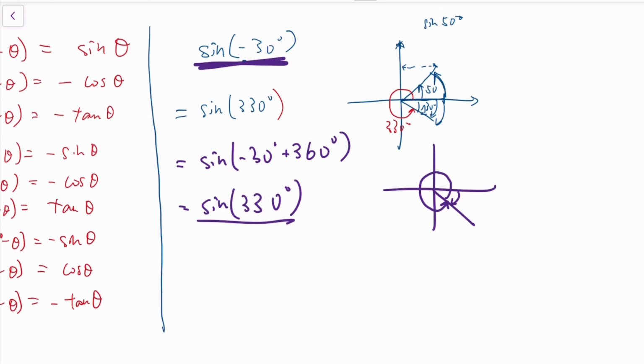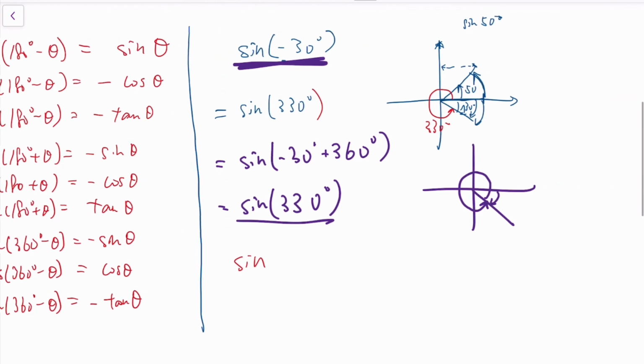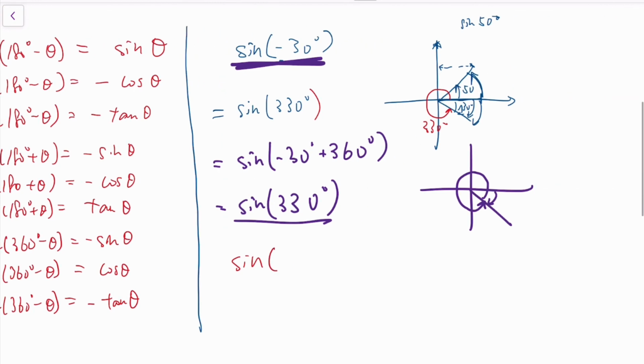Now with this idea, we can do something like this. We can say what is sine negative theta. Sine negative theta is like sine of negative theta plus 360, because you can always turn a complete round. But this is addition, and for addition you can swap the order.